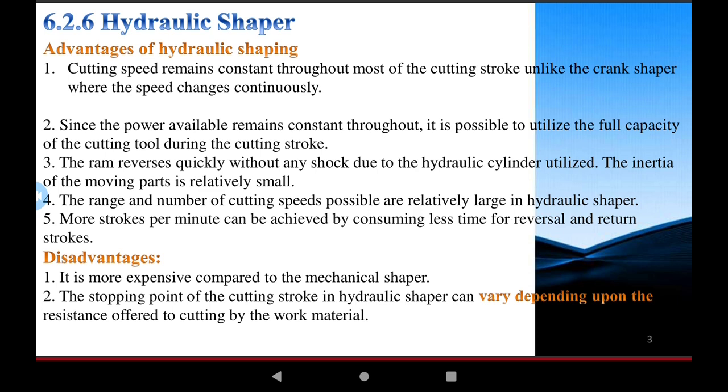Another point to discuss in detail: since the available power remains constant throughout, it is possible to utilize the full capacity of the cutting tool during the cutting stroke.